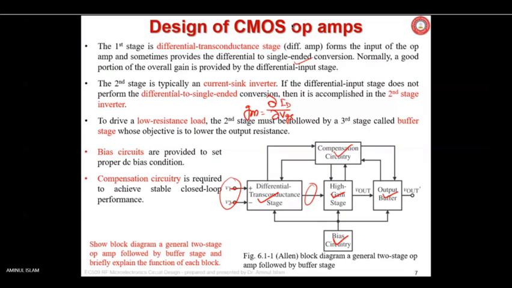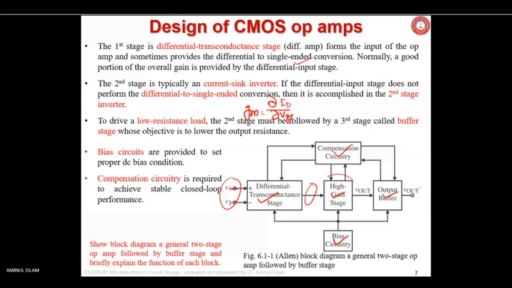The second stage is the current sink inverter. If the differential gain input stage does not perform differential to single-ended conversion, then it is accomplished in the second stage.